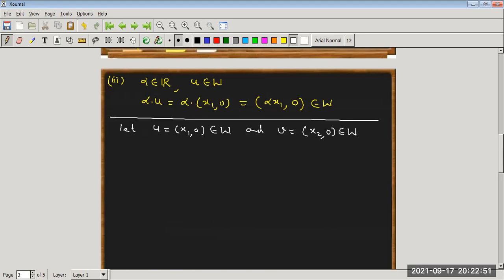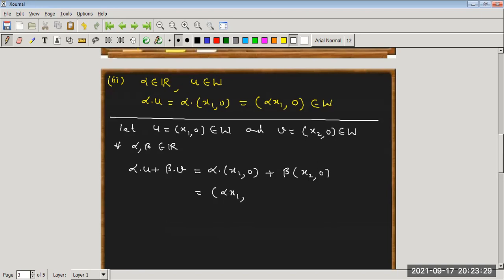This also belongs to W. For all alpha, beta in the field of real numbers, we have to show that alpha dot U plus beta dot V belongs to W. So we start with alpha dot U plus beta dot V. So alpha dot (x1, 0) plus beta dot (x2, 0), and this is how we scalar multiply with a vector: alpha x1, because alpha and x1 are both real numbers, so there is no need to write a dot in this place.